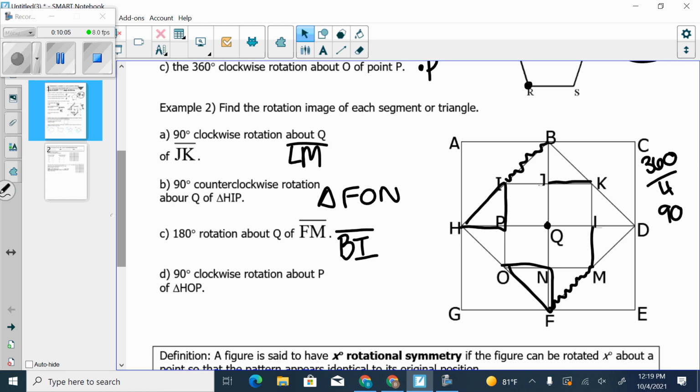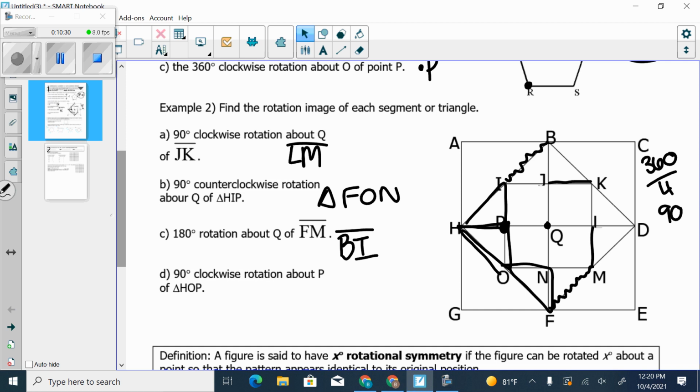Okay. All right, then the last one says 90 degrees clockwise rotation, but they're changing our point of rotation. Now they say we're rotating around point P, which is right here. So I'm spinning on point P. All right, so HOP would be this triangle here.